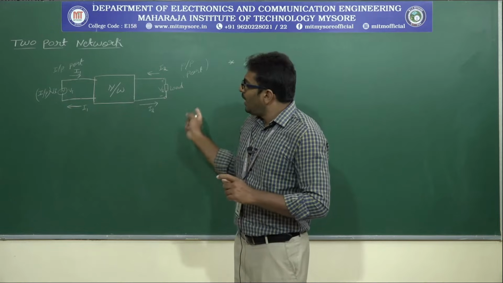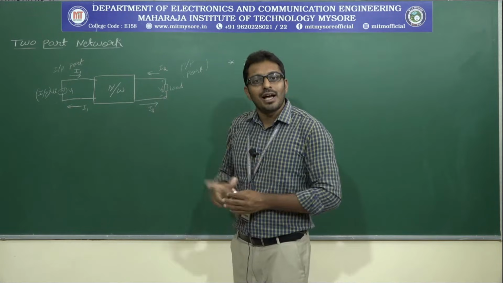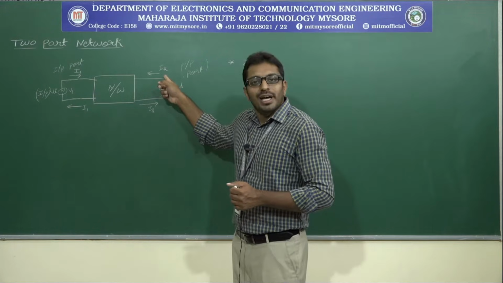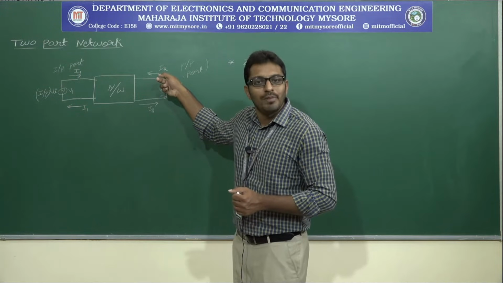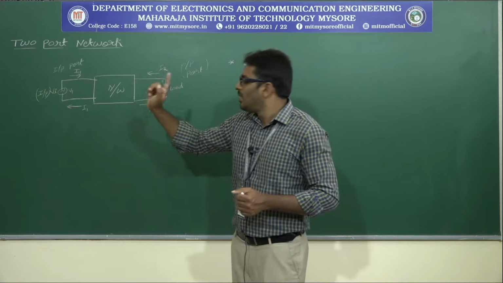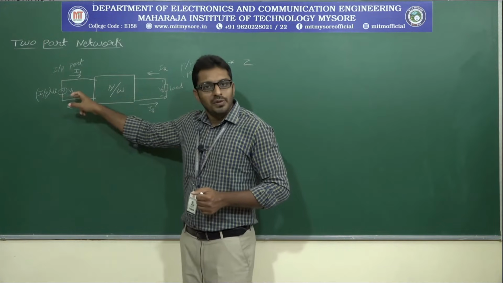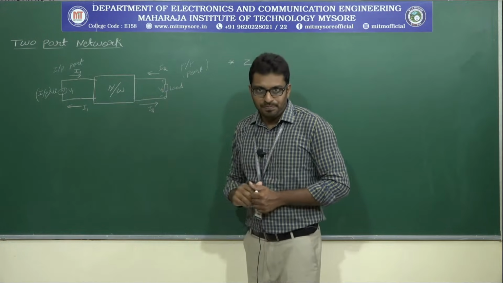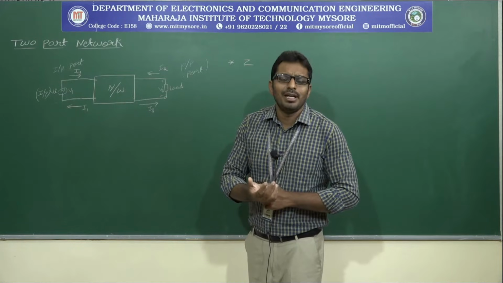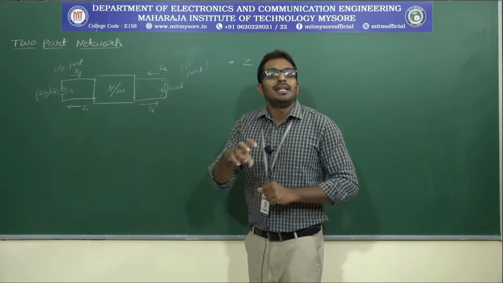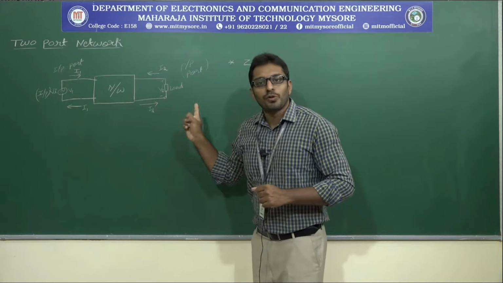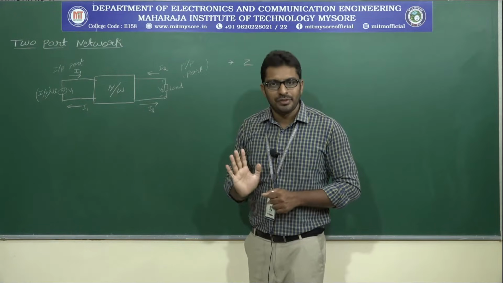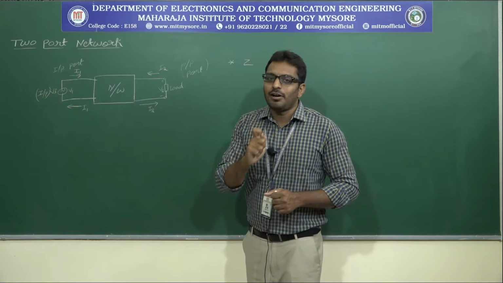There are only 2 different currents in the circuit: the input current denoted by I1, and the output current denoted by I2. Similarly, there are 2 voltages: the input voltage denoted by V1, and the output voltage denoted by V2. All these parameters describe the behavior of these two-port networks in terms of voltage and current only. So there are mainly 6 sets of parameters.